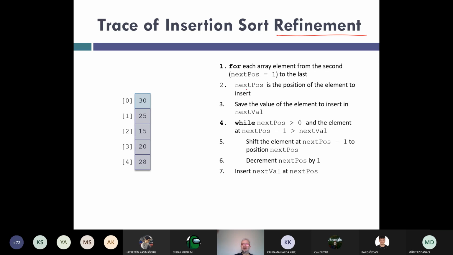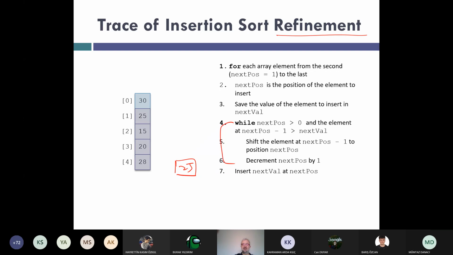So we will insert the element in this position. So first we insert this one, then this one, then this one, etc. First we save this element, save the value of that element in next value. So we put aside 25 at the first iteration.